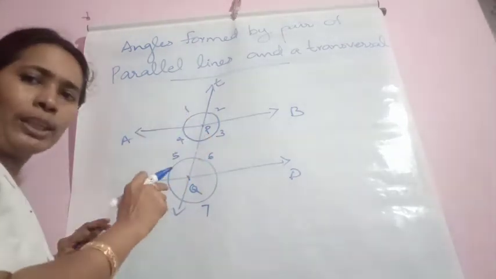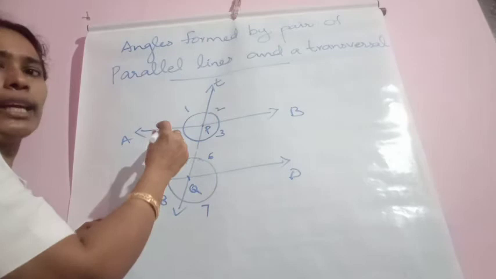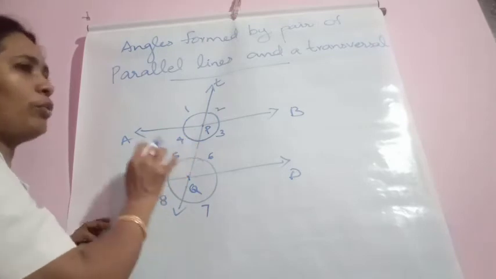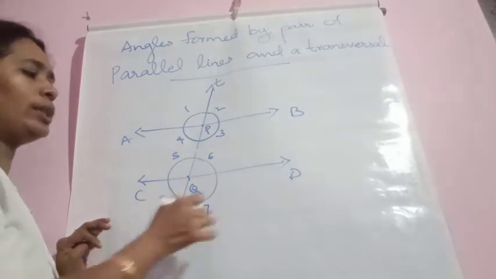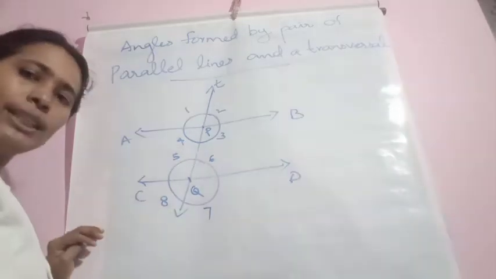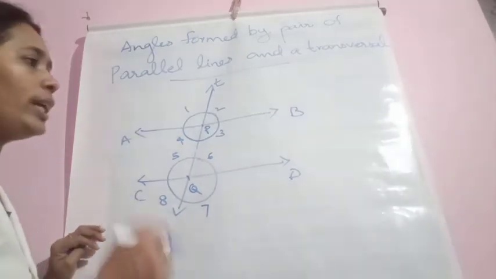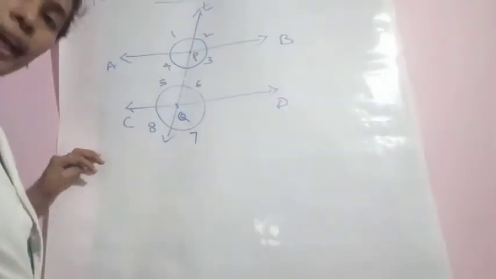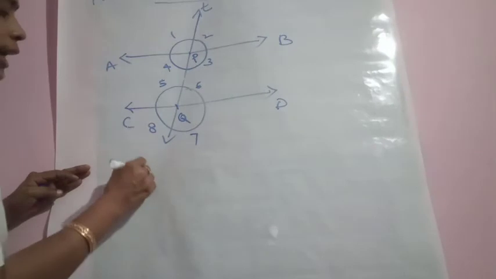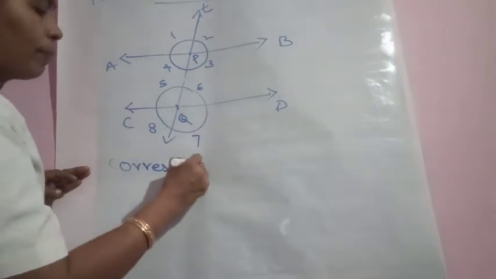Two different points. Now around P, 4 angles are there. Let me mark 1, 2, 3, 4. Go through the same order. At Q also we have 4 angles, 5, 6, 7, 8. And from this we are going to consider 3 different types of angles. First one is called corresponding angles.